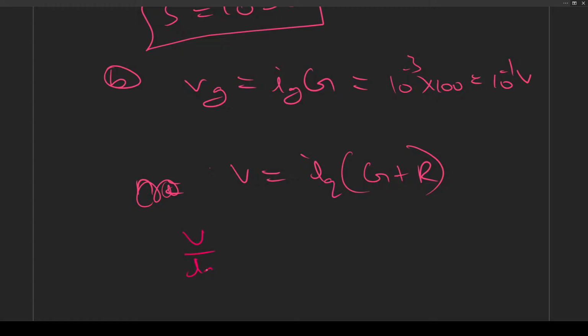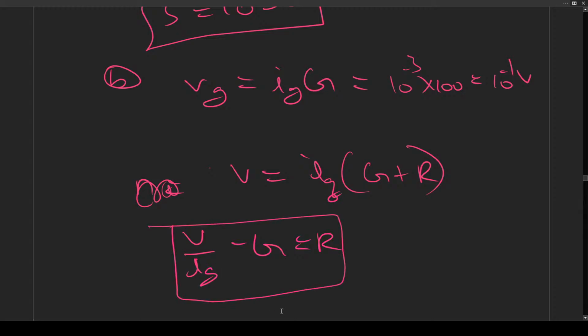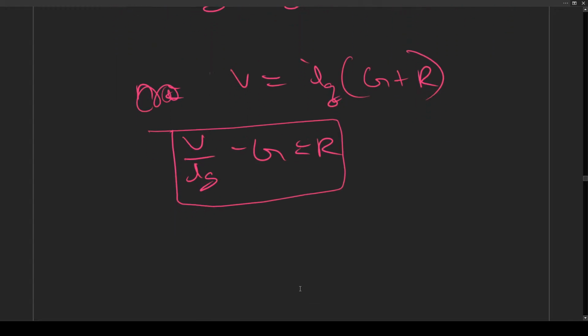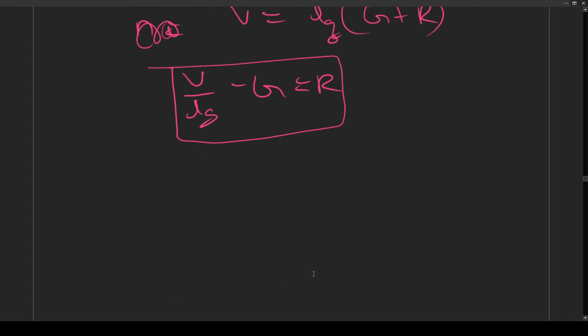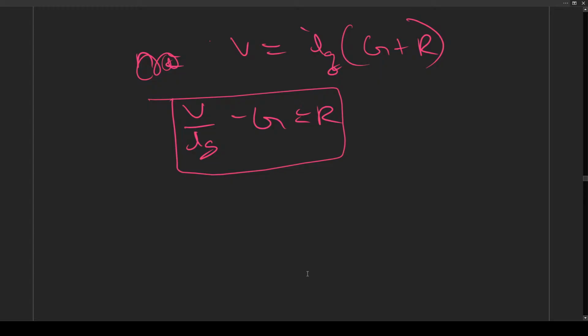So V by Ig minus G is equal to R. So V, which is 10 power minus 1, by Ig, which is 10 power minus 3, minus galvanometer resistance, which is 100, is equal to R.